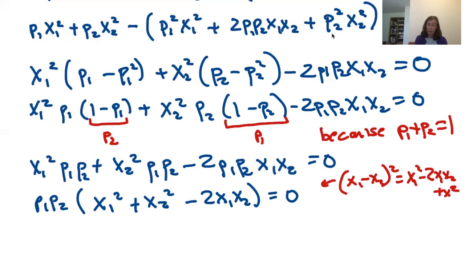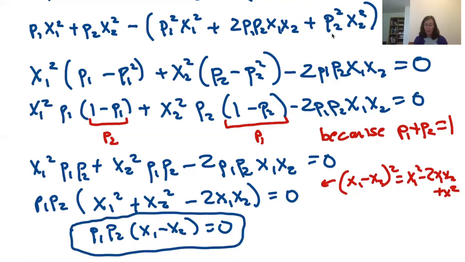So I can substitute that too. Now I'm getting to something that looks generally simple. P1 times P2 times x1 minus x2 squared equals 0. Okay, that's something we can talk about.